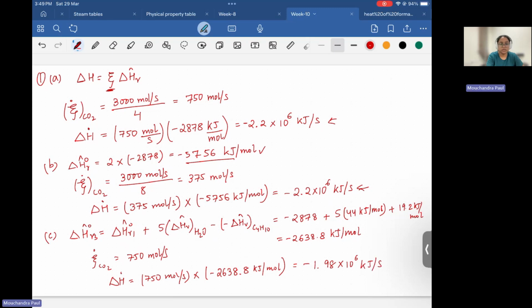Right. So this is how we can calculate the rate of change of enthalpy if we are given the heat of the reaction, and if you are also given the reaction equation, right? So in this way you can calculate.